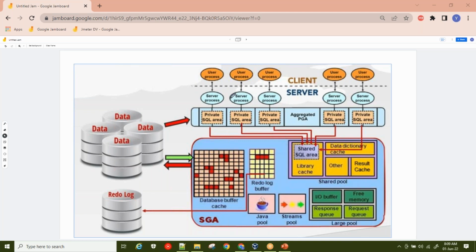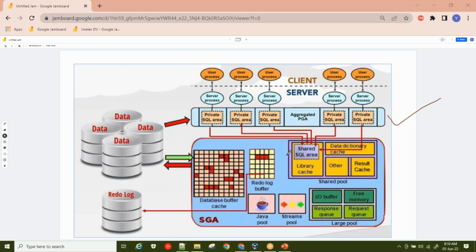Once this section is done, it will enter the SGA. There are two different memory allocations inside Oracle memory management: one is the SGA and the second is the PGA. The SGA is the shared global area.